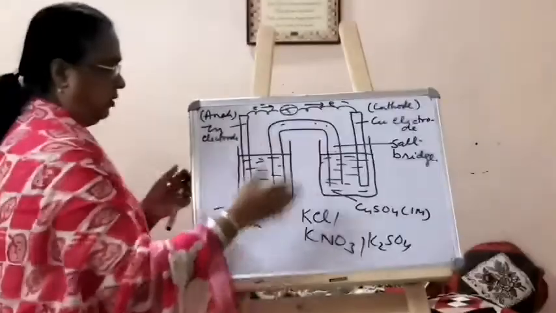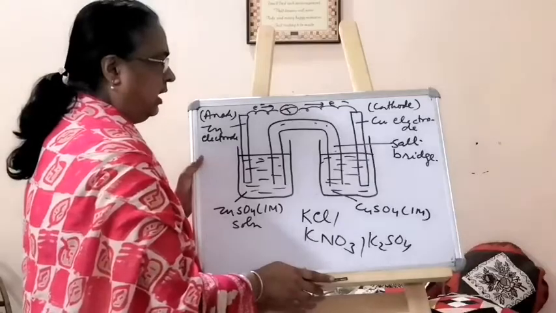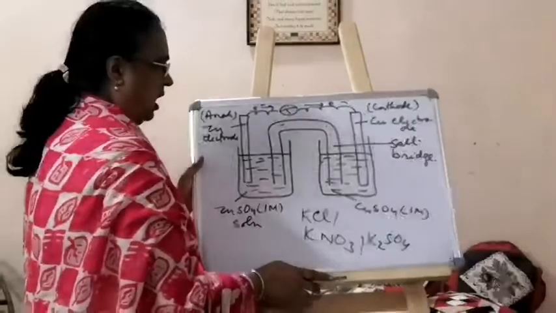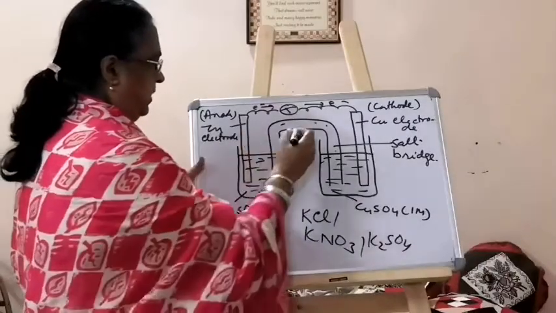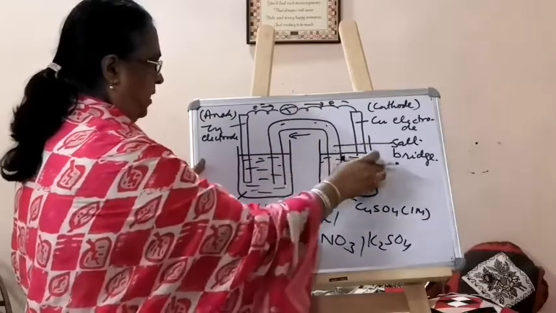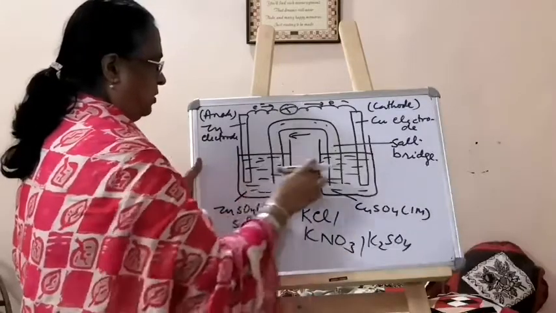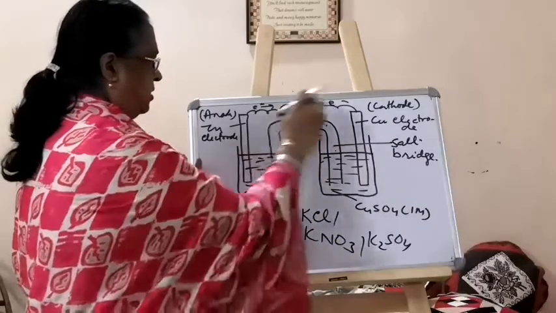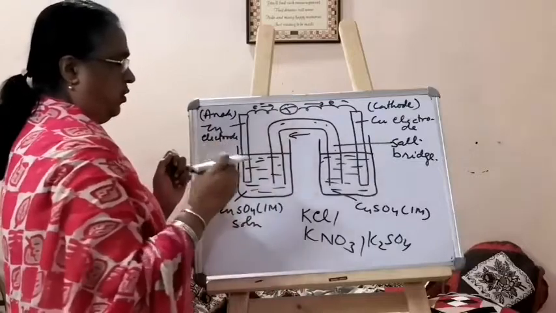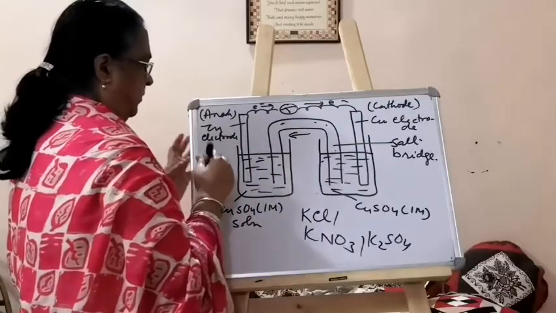So the two solutions are in indirect contact, and this completes the circuit, and current flows from cathode to anode through this salt bridge in the internal circuit. So through the external circuit you have seen electrons flow, and through the internal circuit current is flowing.